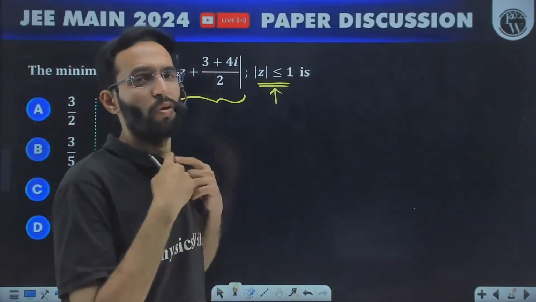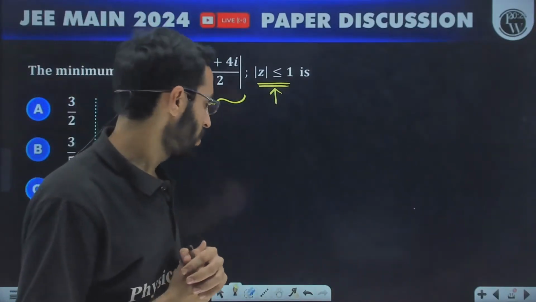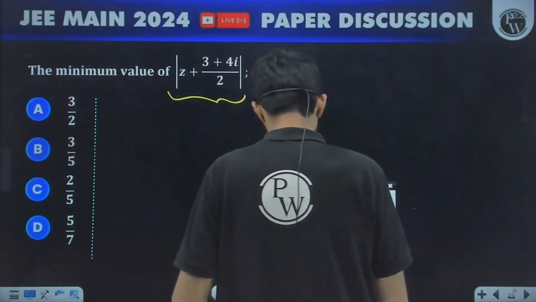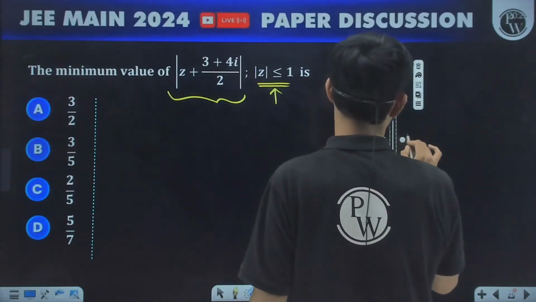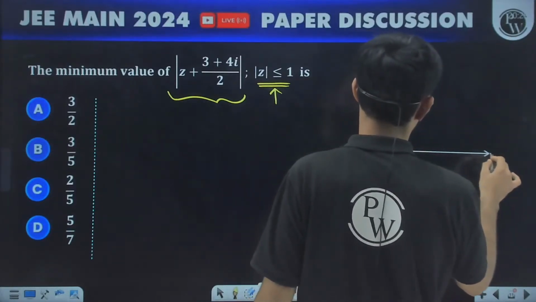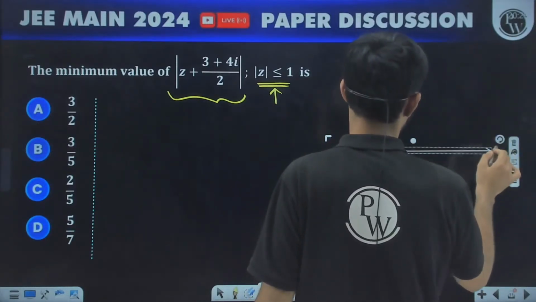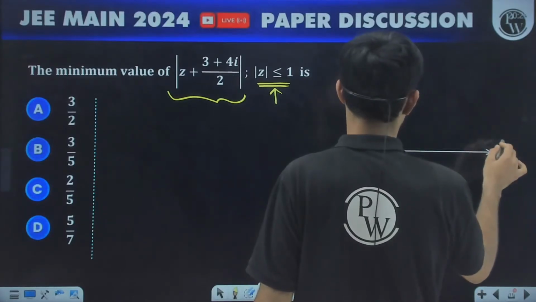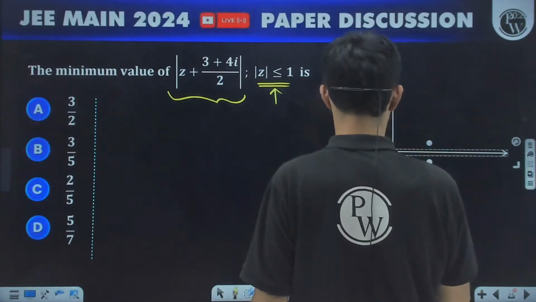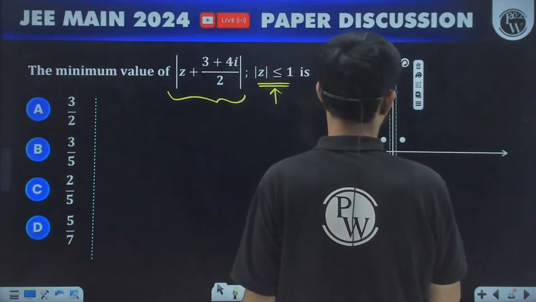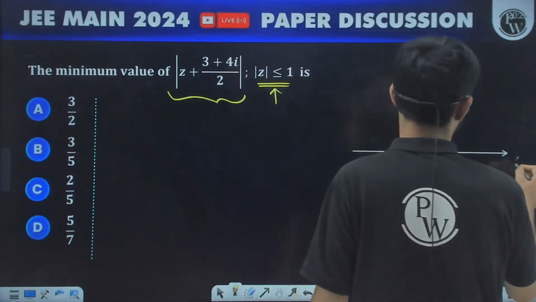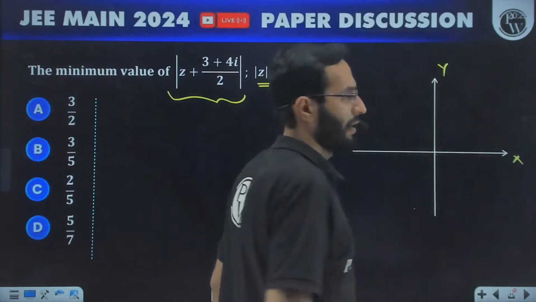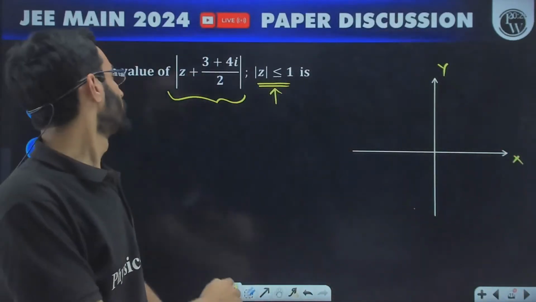Is given that mod z is less than or equal to 1. X-axis, y-axis.